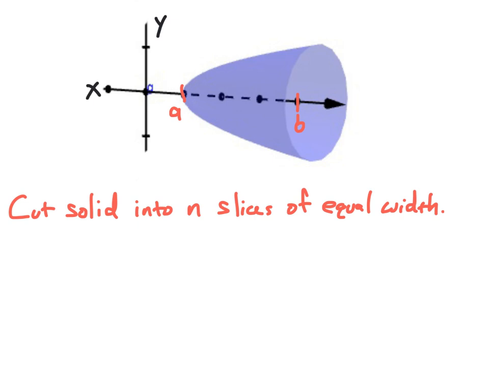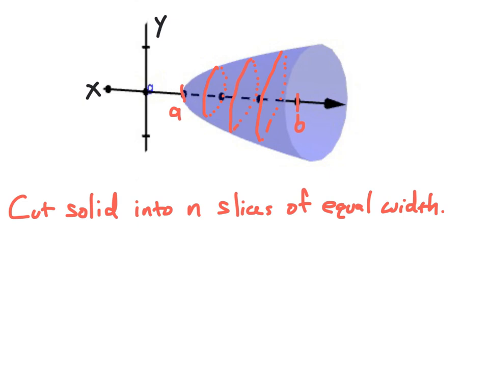So for example, in this case, I could cut this solid along these lines. So we could make one slice right there. We can make another slice right here, and we can make a third slice right here. The dotted part of the lines indicate that those are the parts of the slice on the reverse side of the solid that we can't see.